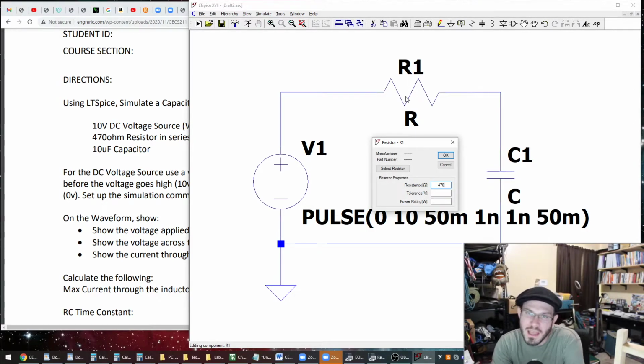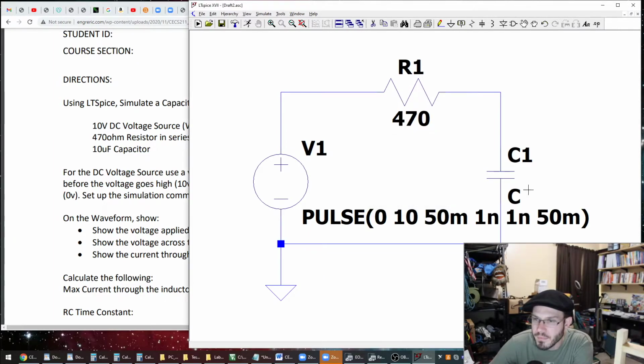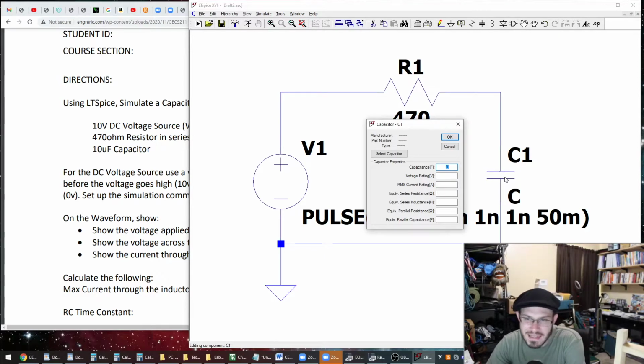That's our default unit, so I just right-clicked on the resistor and set my resistance to be 470. Hit OK. Right-click on your capacitor. We need a 10 microfarad capacitor. I'm going to type in 10 followed by U for micro.